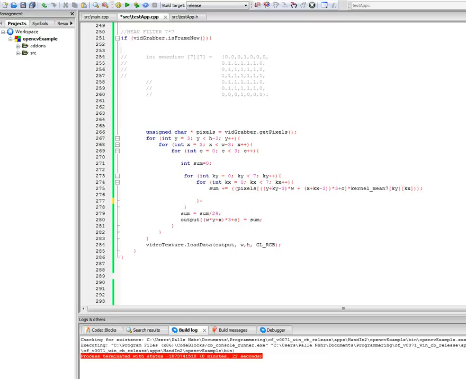So, yeah, we have our pixels that our webcam generates, and those pixels are put into unsigned characters, which is from 0 to 255.